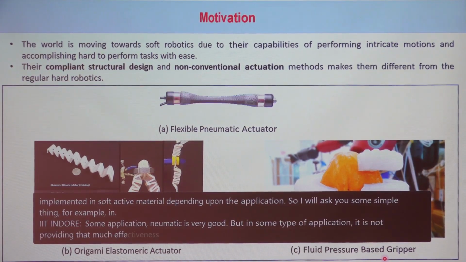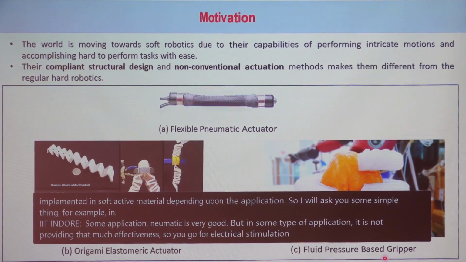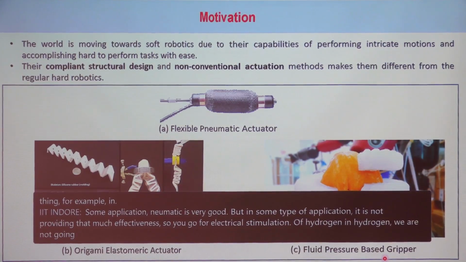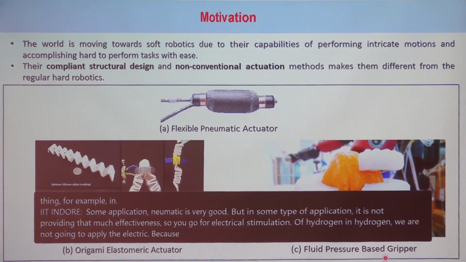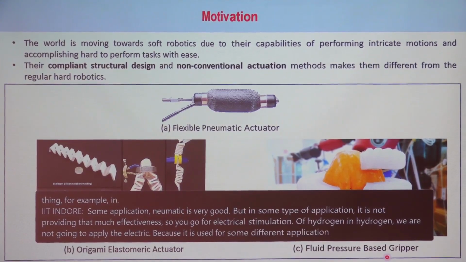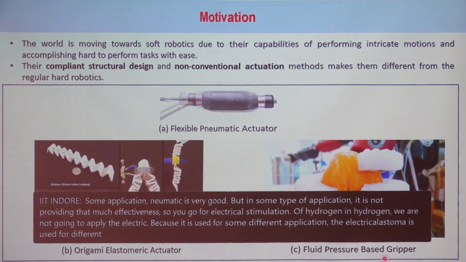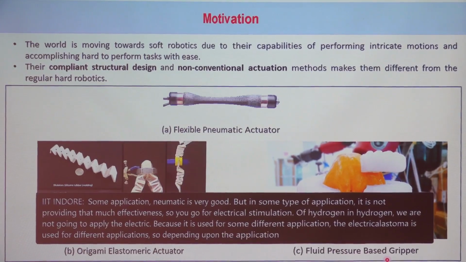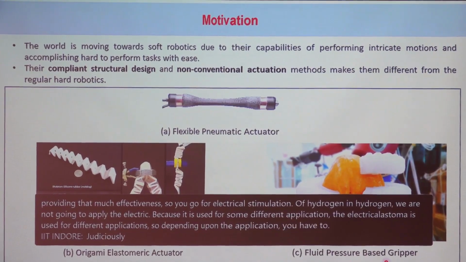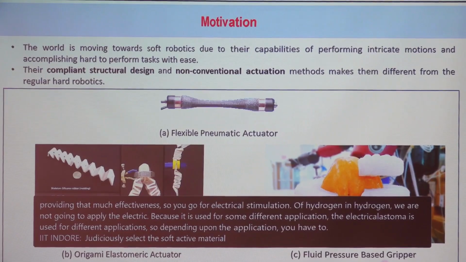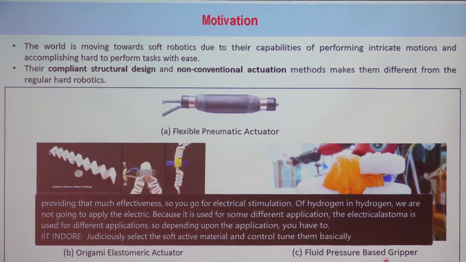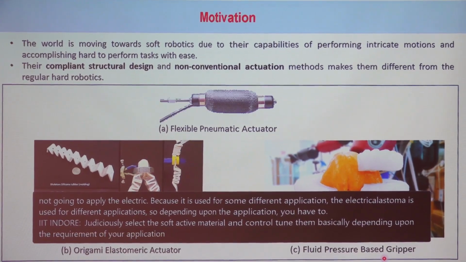So you go for electrical stimulation. In hydrogel, we are not going to apply the electric field because it is used for a different application. Dielectric elastomer is used for a different application. So depending upon the application, you have to judiciously select the soft active material and control and tune it depending upon the requirement of your application. You are getting my point?